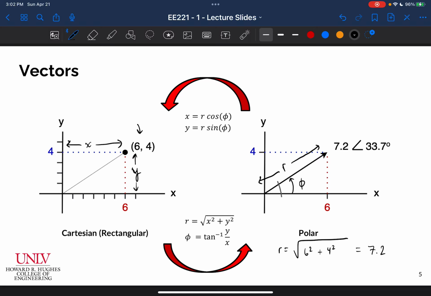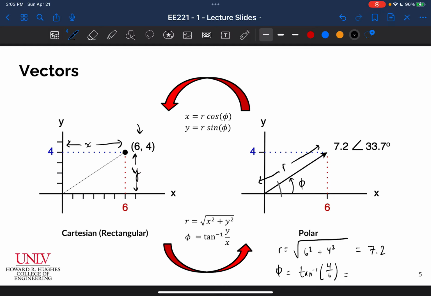And if I take the tan inverse, I want to get my angle phi here. Take the tan inverse of y over x, which in this case would be 4 over 6. If I have my calculator in degrees, I should get... my calculator is probably in radians, so let's switch that over.